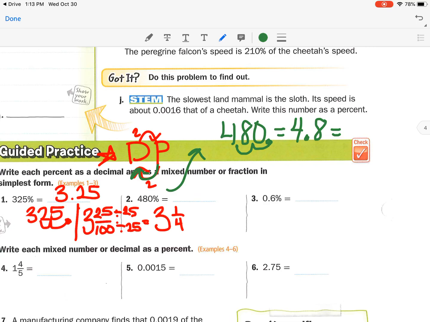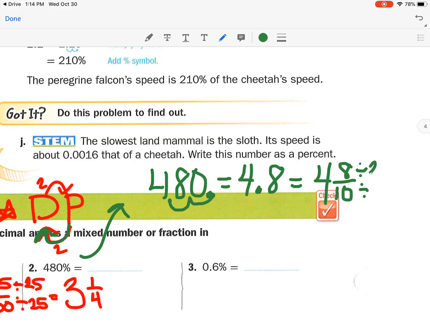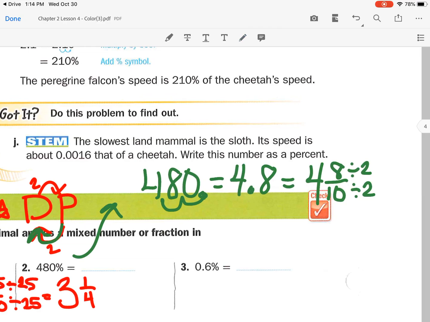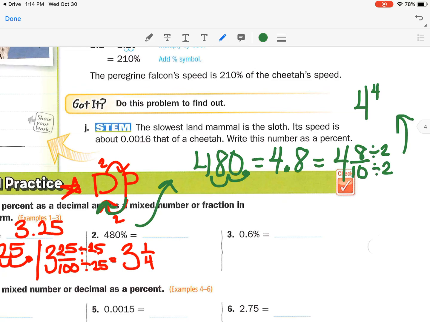I'm going to write that exactly how I say it, 4 and 8/10. Now, knowing that these share a common factor of 2, I'm going to simplify: 8 divided by 2 is 4, 10 divided by 2 is 5. So I get 4 and 4/5.